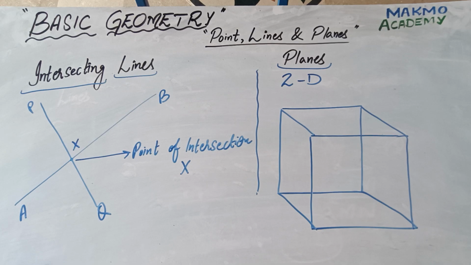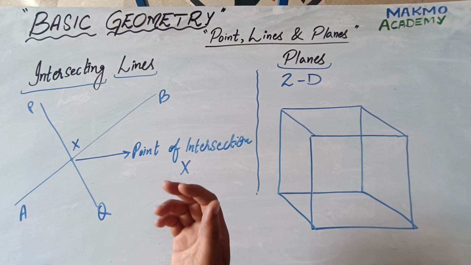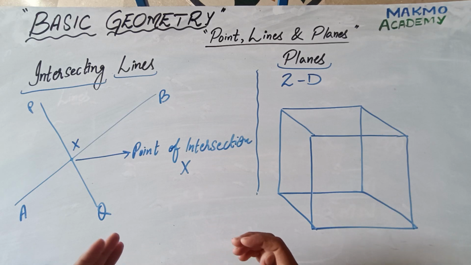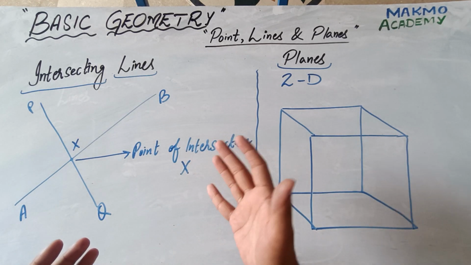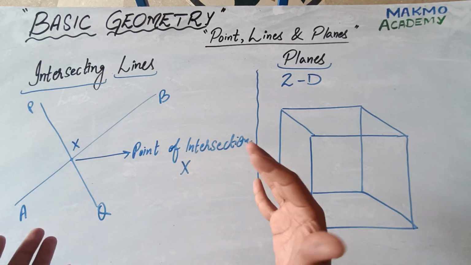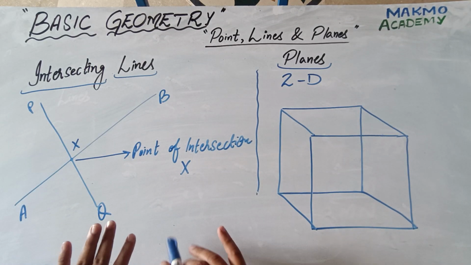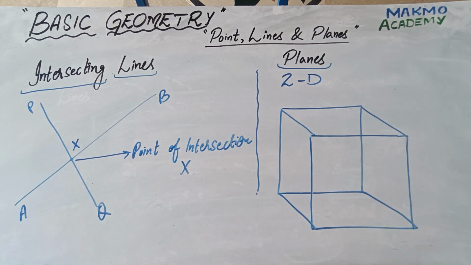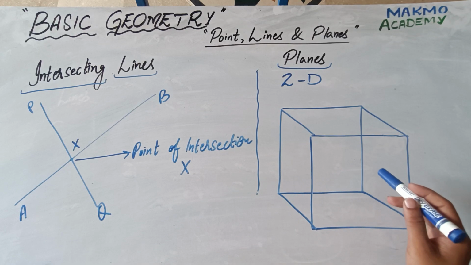For example, the surface of a football is a curved surface. So if we talk about the surface of a football or basketball, that forms a curved surface, and it doesn't form a plane. A plane is a flat surface which has 2 dimensions, over which we can draw length and breadth.